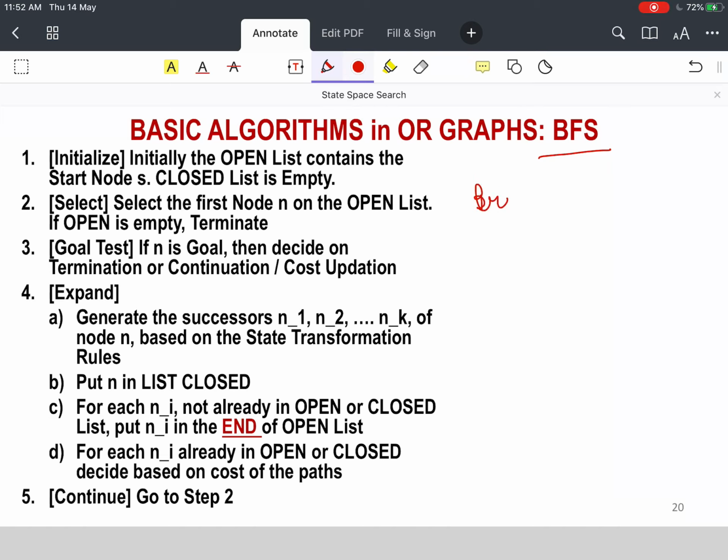In breadth first search, the only difference between depth first search and breadth first search is that the open list is now treated as a queue.